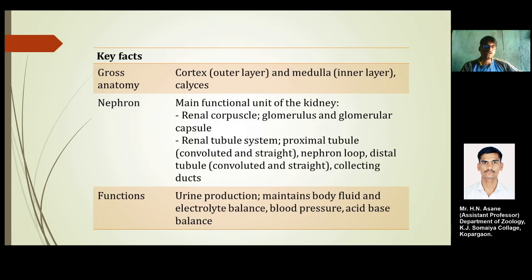So the nephron is the main functional unit of the kidney, and the renal corpuscles are nothing but the glomerulus and the glomerular capsule.